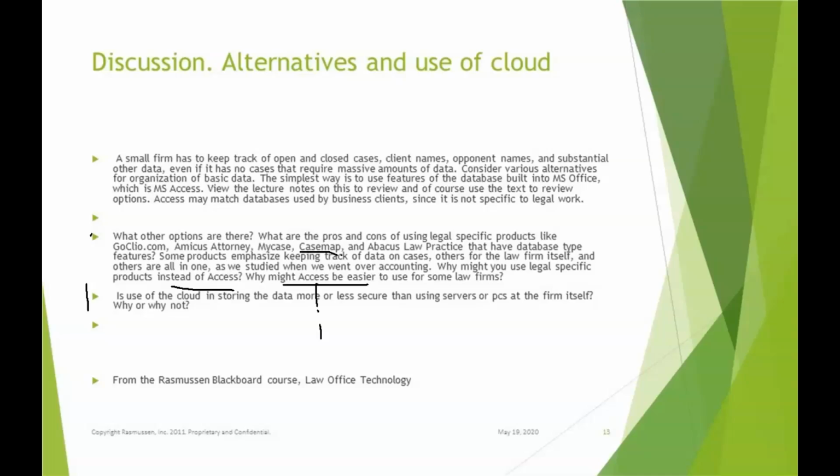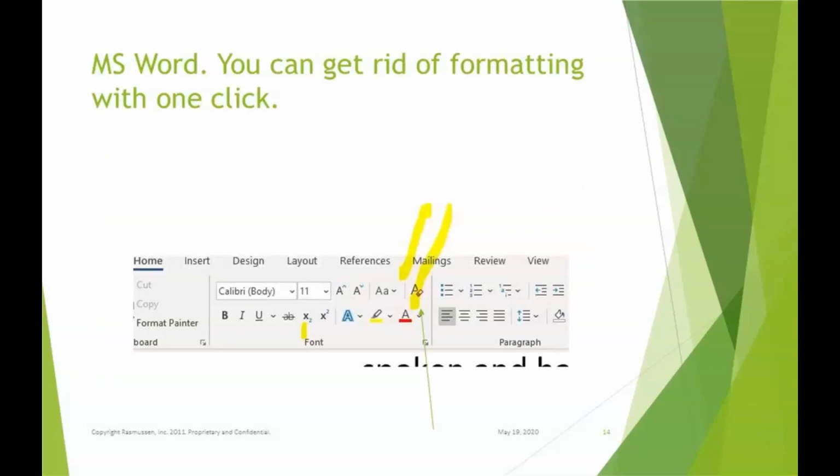Let's see, okay. Microsoft Word, I didn't know that. Did you know you could get rid of formatting with one click? That is weird. I don't remember doing this visual aid, which I should, I suppose. I did it but I did this one a long time ago.